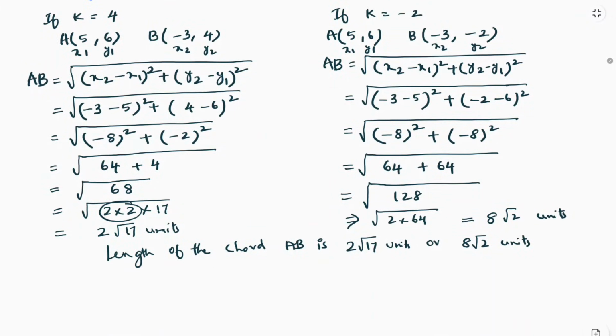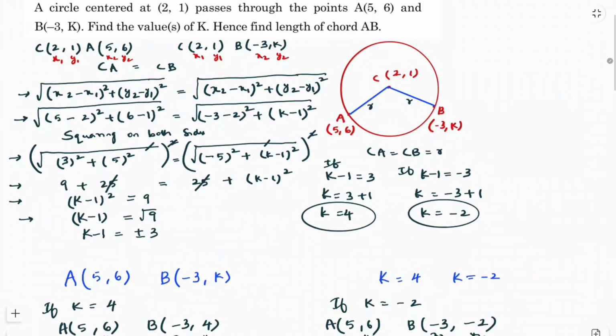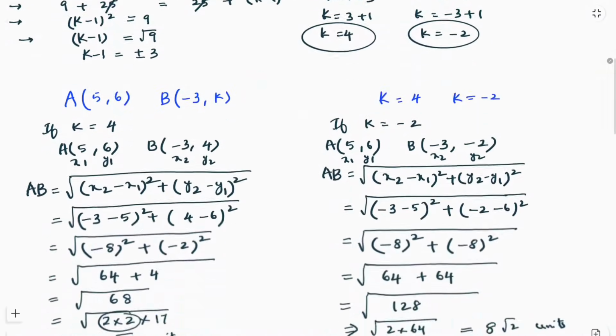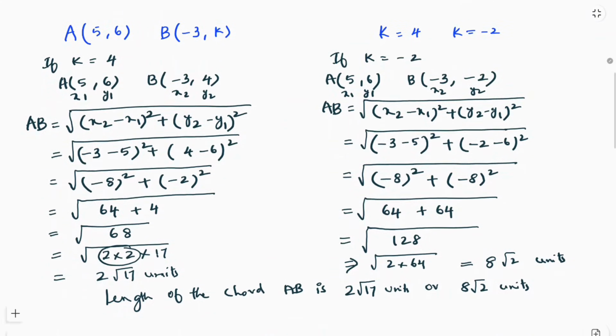Because on a circle there are two positions possible here for B: (-3, 4), that is one position, and one more, it may be somewhere in some other position, that is (-3, -2). So that's why we got two different distances. In between I said the position would be the same, but actually because the position changes, the distance definitely changes. So one is 2 root 17, the other one is 8 root 2 units.